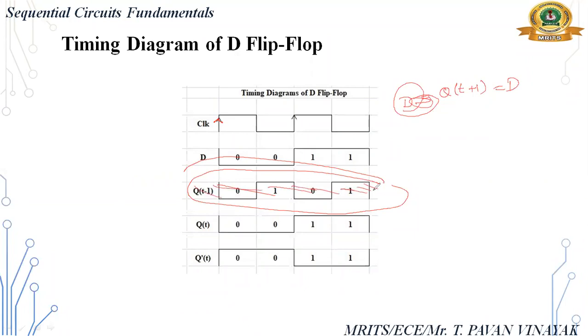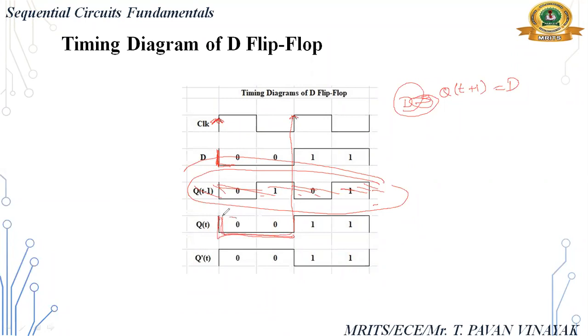Don't consider this; we just mention it in the waveform, but we don't use it. Whenever the clock is activated, here the clock is activated, what is the input? 0. We have only a single input. Input is 0.